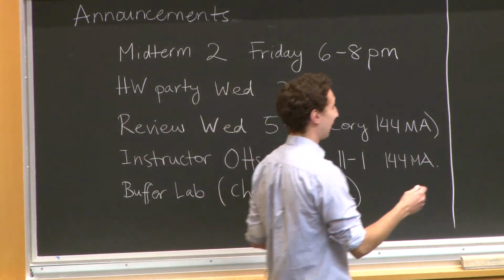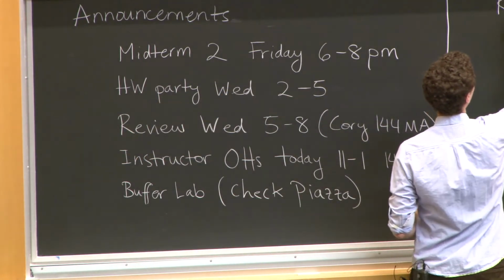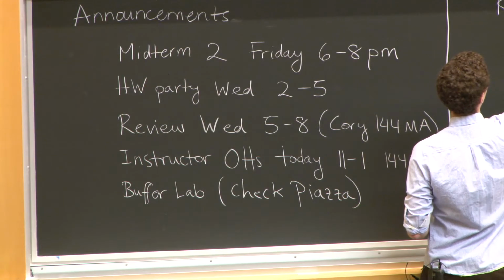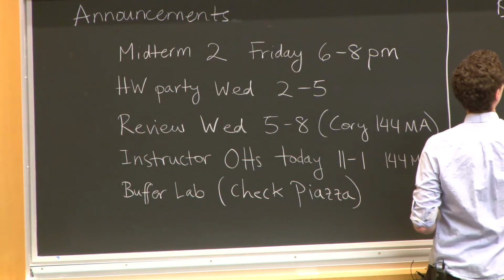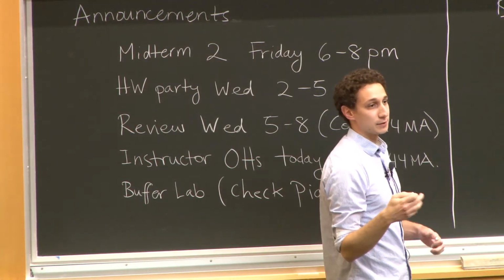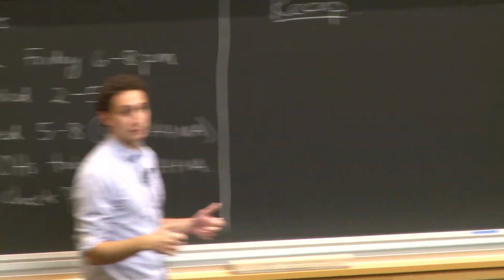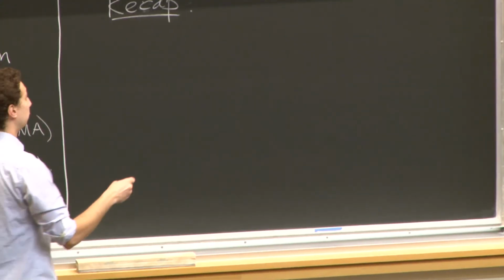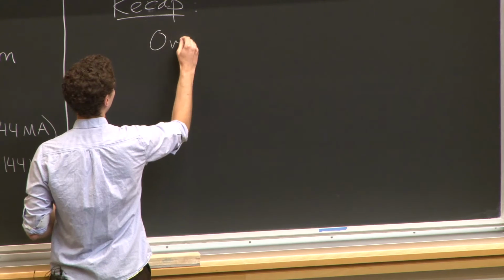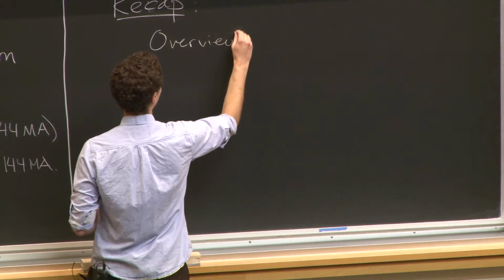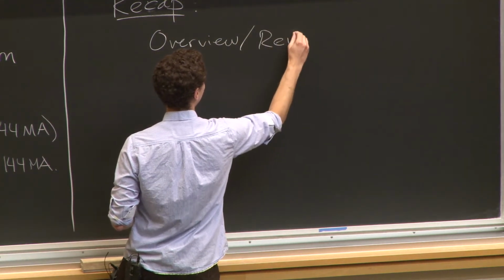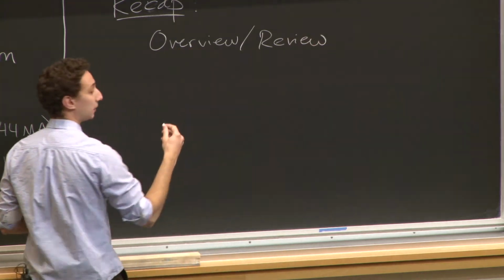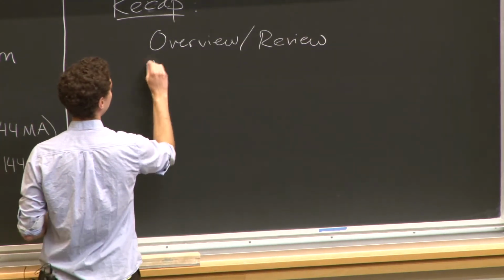Just a review of last lecture, real quick. A recap. What we did last time was an overview and review of all the circuits that we've done so far, as well as a little bit about circuit design.